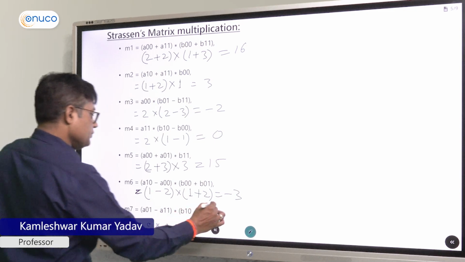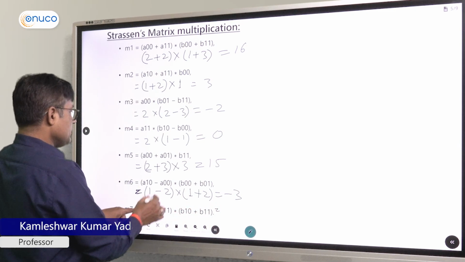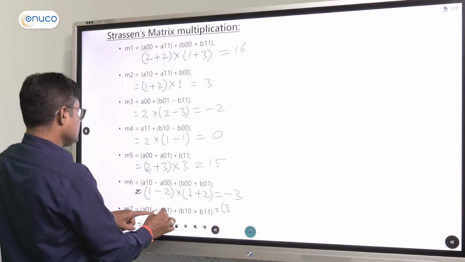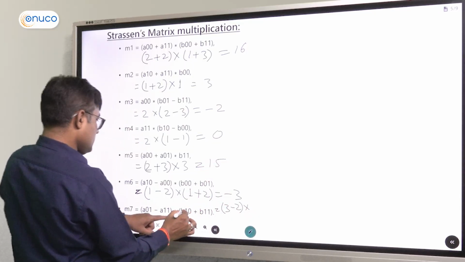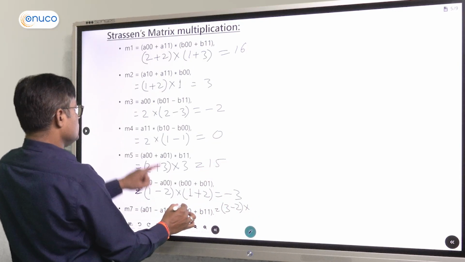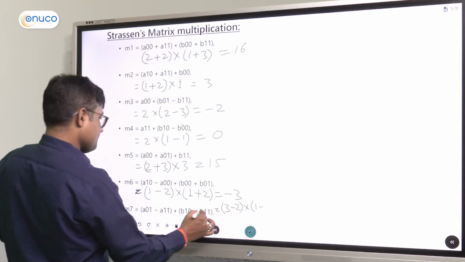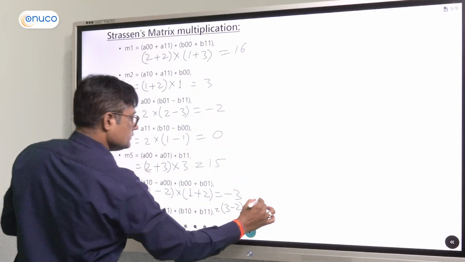Similarly, we are going to compute these values. M7 is A01, which is 3, minus A11, which is 2, multiplied by B10, which is 1, plus B11, which is 3.